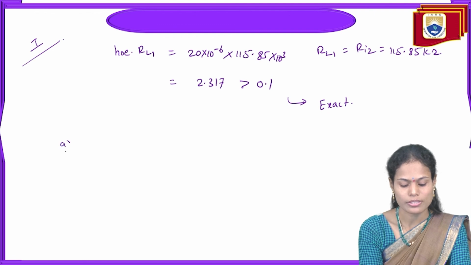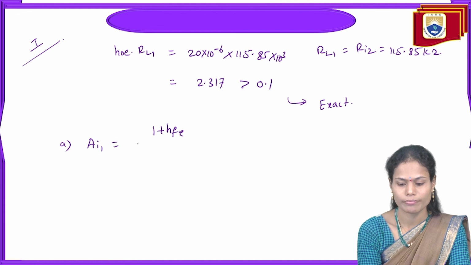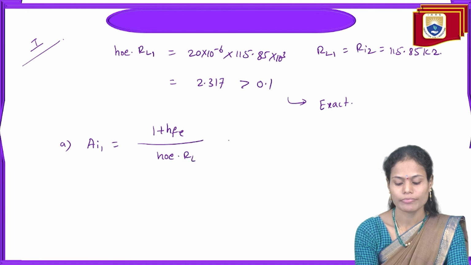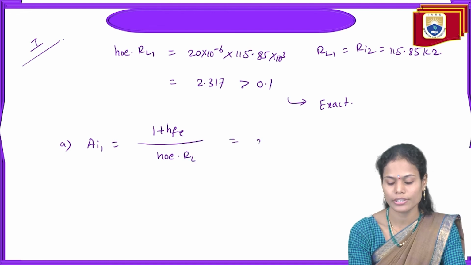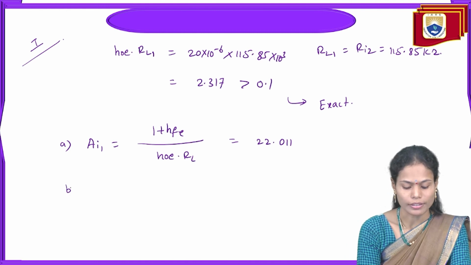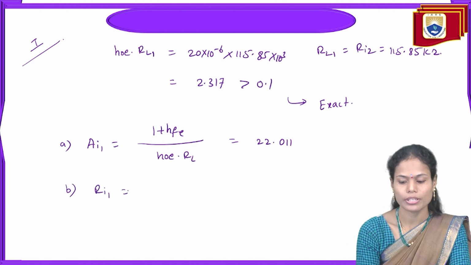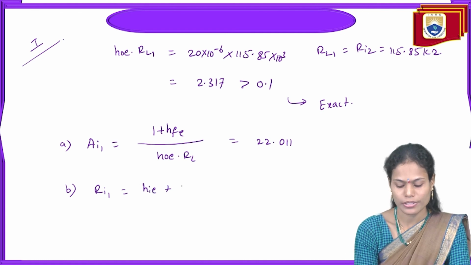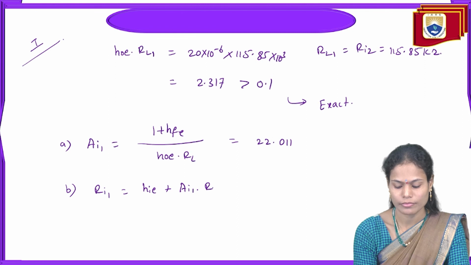So in the case of exact analysis, the current gain is 1 plus HFE by 1 plus HOE into RL1. So if we substitute the values, we will get it as 22.011. And the second parameter is input impedance. So that is HIE plus 1 plus current gain into RL1.